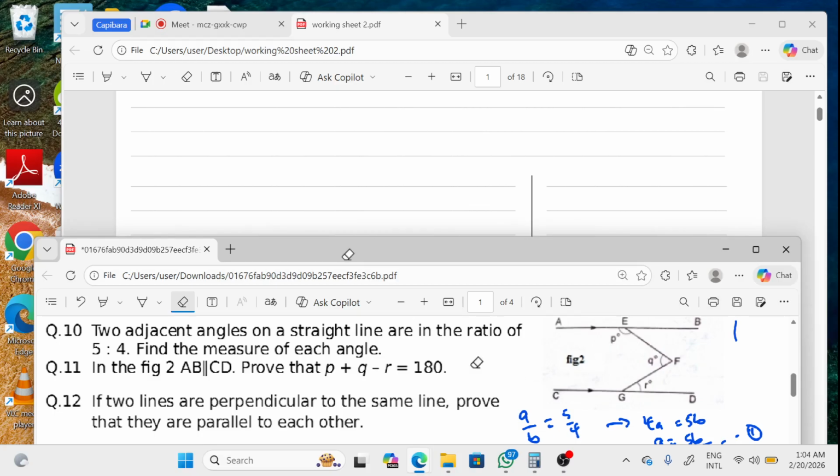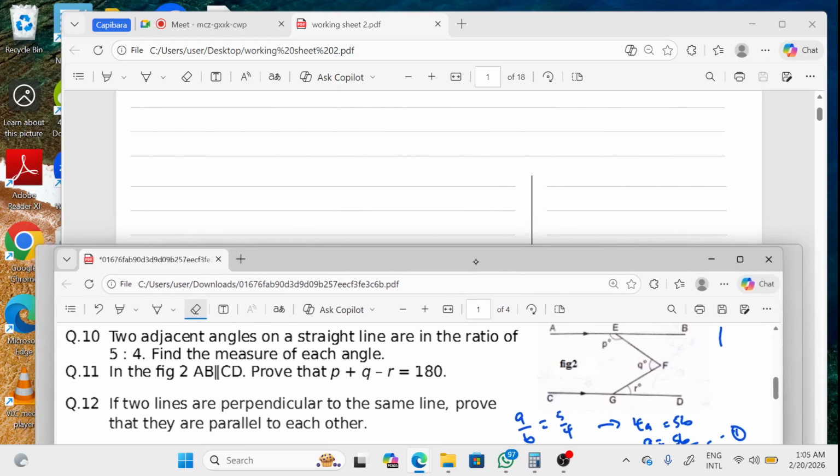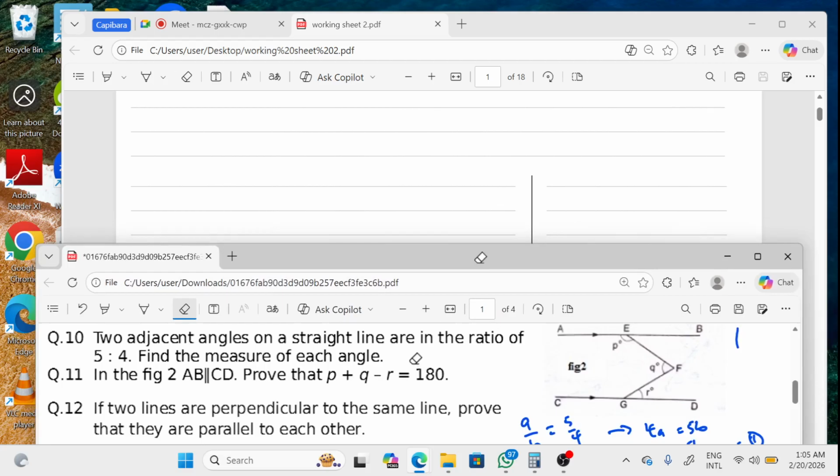Okay, they said they are parallel. So you should prove that P plus Q minus R equals 180. So that's the request: prove that P plus Q minus R is equal to 180.